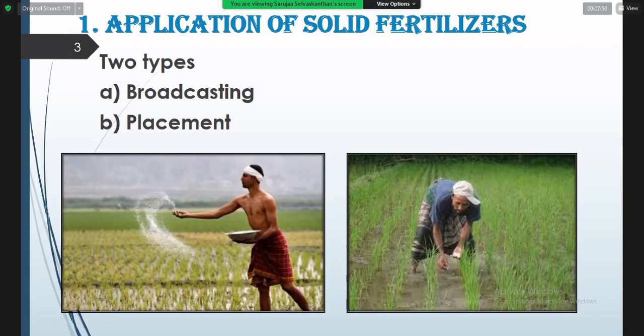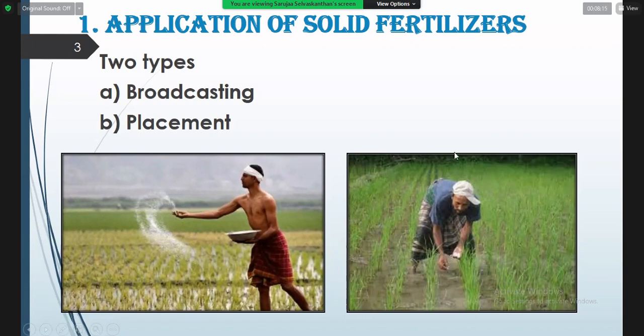Using the broadcasting method, we can apply either. In your paddy cultivation, you use top dressing as the broadcasting method. Paddy seeding is also a broadcasting method.